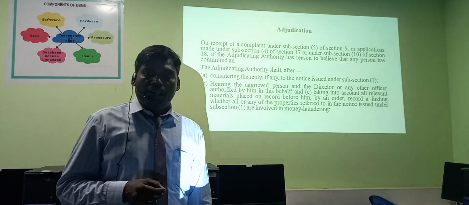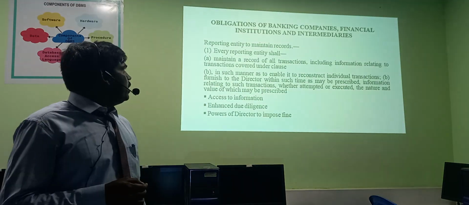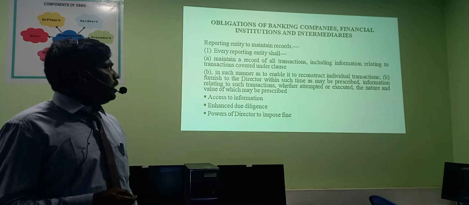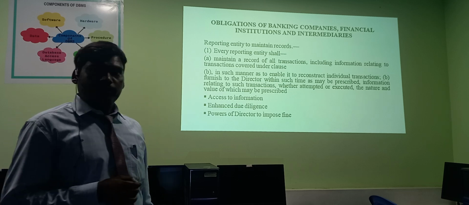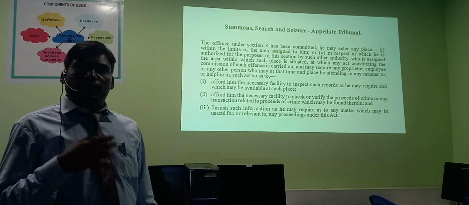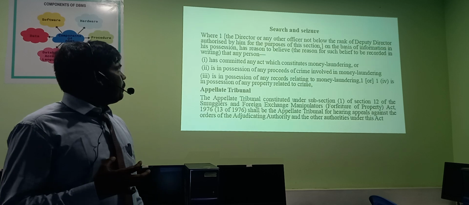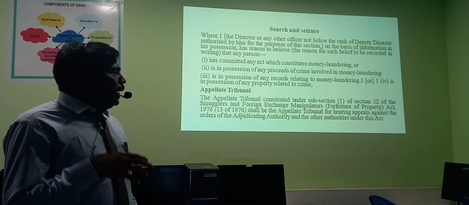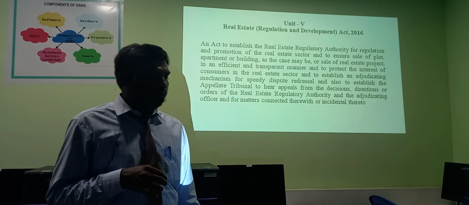Next, obligations of banking companies, financial institutions and intermediaries. Next, summons, search and seizure, and the Appellate Tribunal. Search and seizure is one of the main purposes of the Appellate Tribunal.